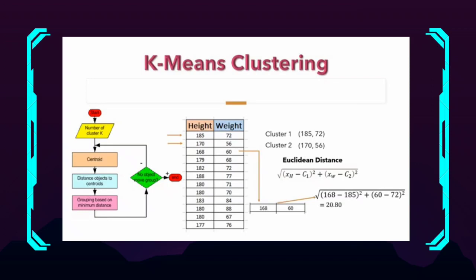Now we will calculate the Euclidean distance for row 3 with cluster 2 as well, and that would be the square root of (168 minus 170) whole square plus (60 minus 56) whole square, that is 4.48. So as you can see, the Euclidean distance for row 3 with cluster 2 is less compared to cluster 1.